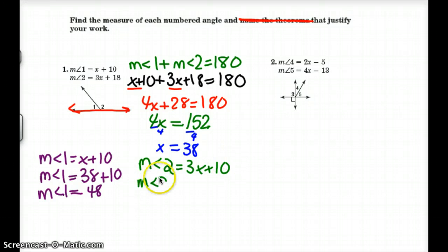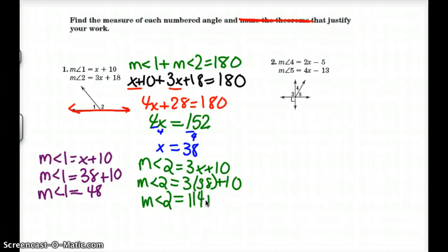Measure of angle 2 equals 3 times 38 plus 18. I'm sorry, this is an 18. 3 times 38 is 114 plus 18.